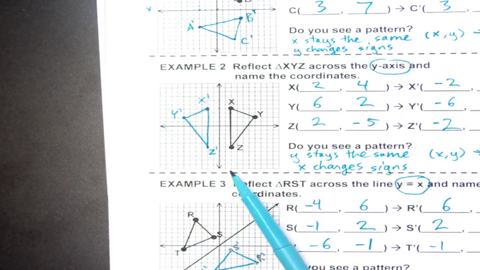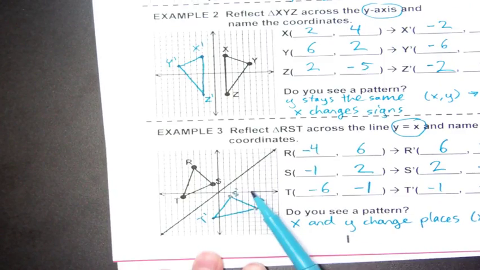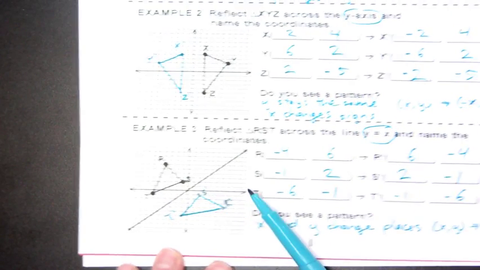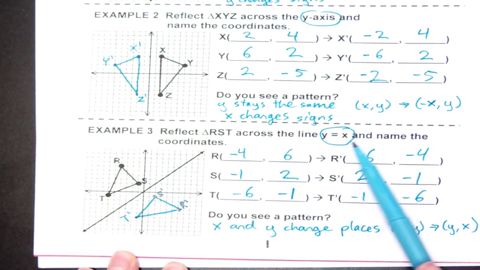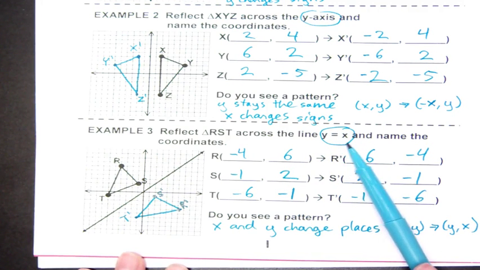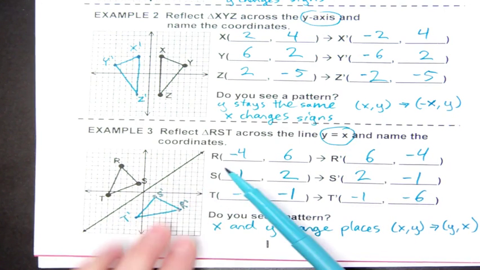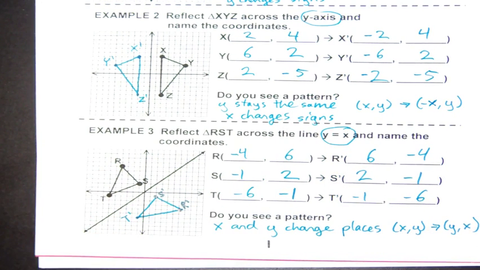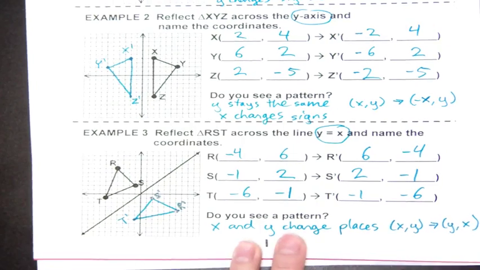What's my line of symmetry for example 2? My y-axis. How about example 3? What's my line of symmetry? Yeah, y equals x is this line, because if we fold it over. So lines of symmetry is saying where can we fold it in half and the halves equal each other perfectly.